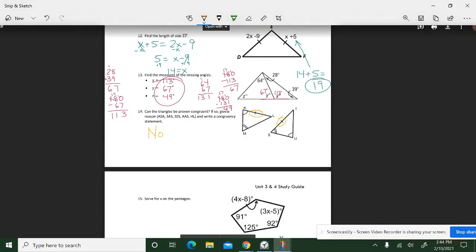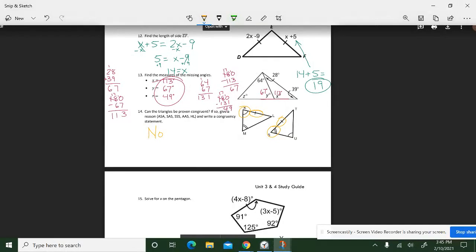If you look at the triangle on the left, the side that's marked as congruent is touching angle K, which has one arc. If you look at the triangle on the right, the side that's marked as congruent is not touching the angle with one arc. It's not touching angle U. It's touching angle S, which has two arcs. So the sides are not in the right spot.